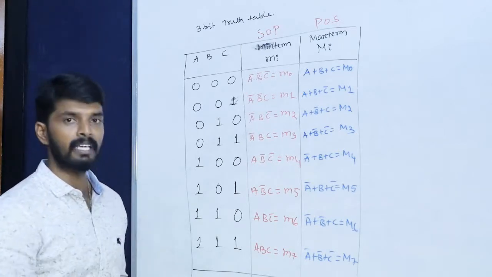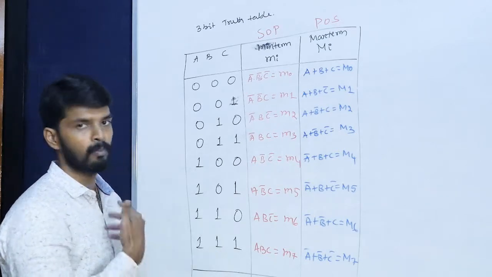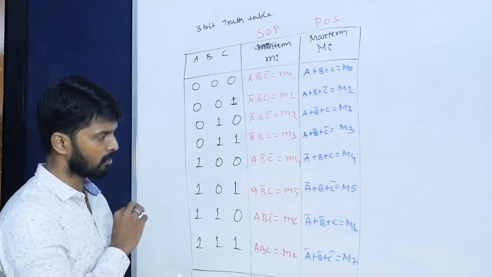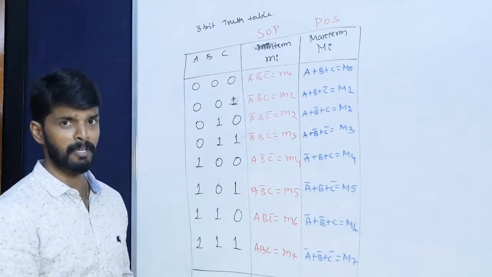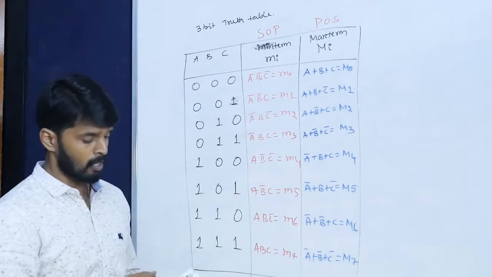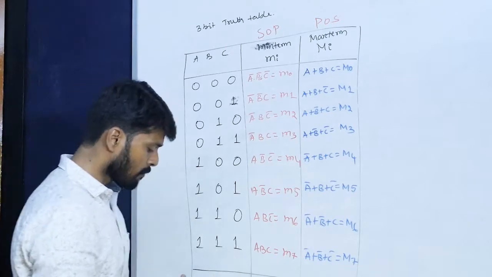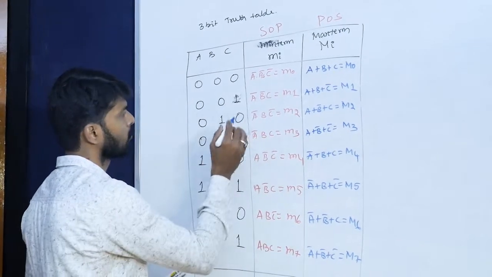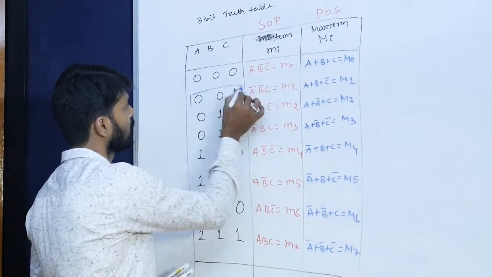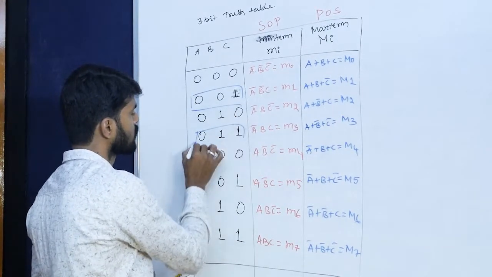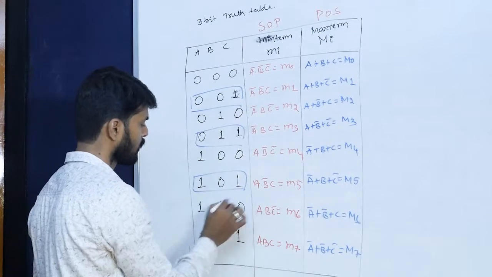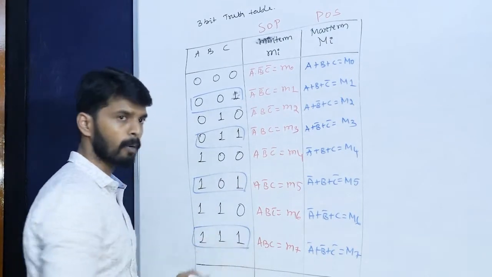Now, how to write the Boolean equation, function, or expression with the help of the truth table. For example, I want these terms to be in my final SOP equation. Then how to represent it?